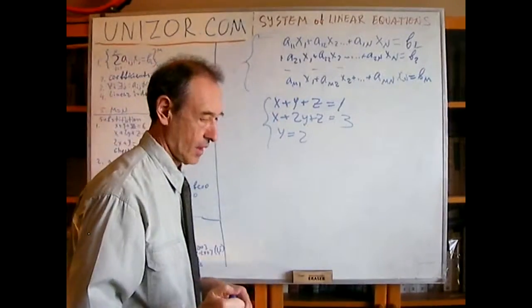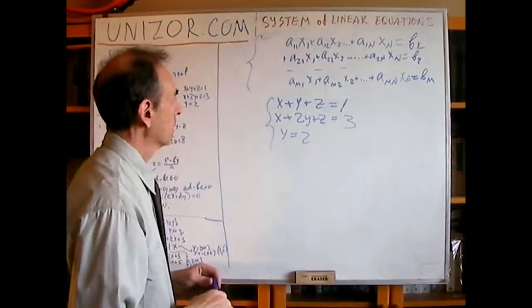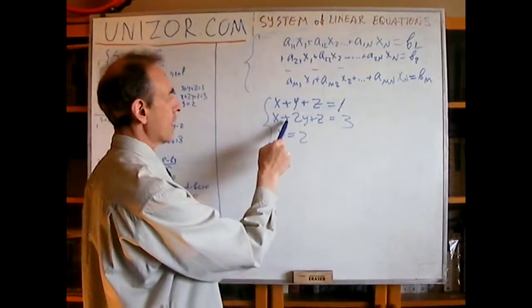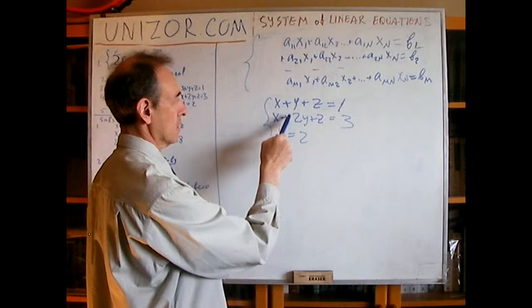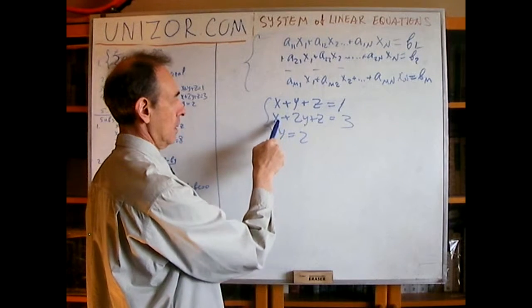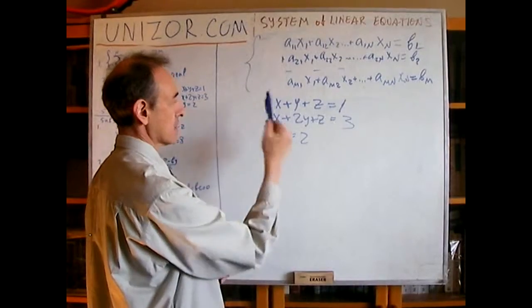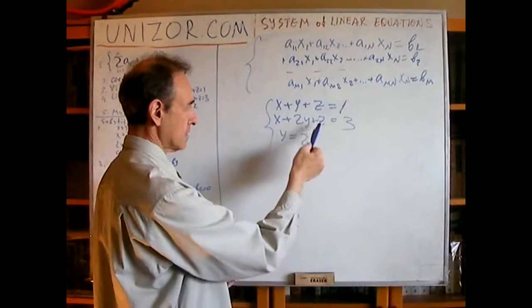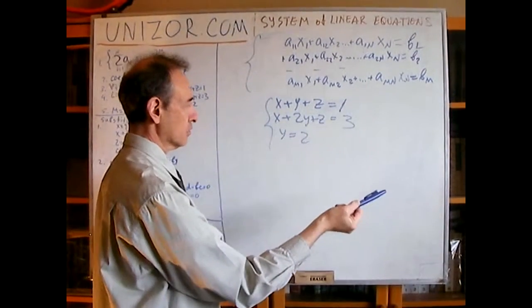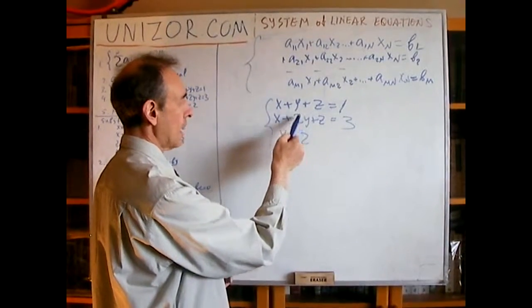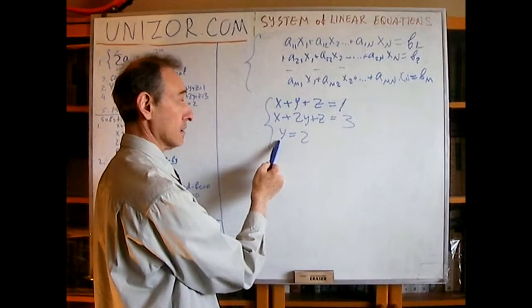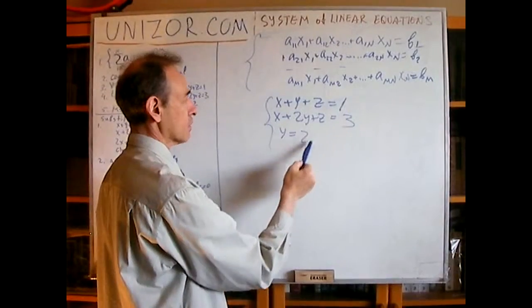Okay. Now, think about this. If we subtract the first equation from the second, x and minus x would nullify each other, z minus z would nullify each other, 2y minus y will result in y on the left side, and 2 minus 1 will result in 1.